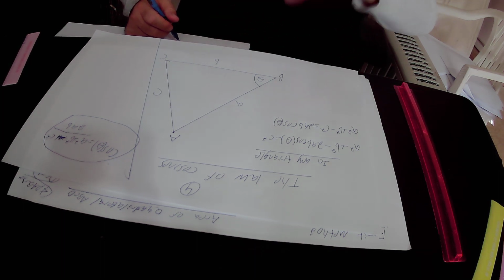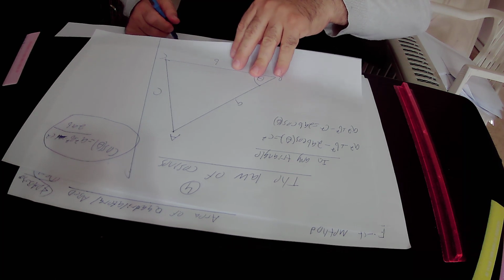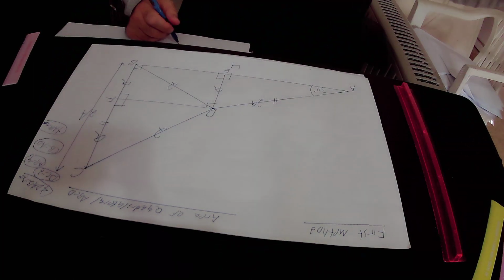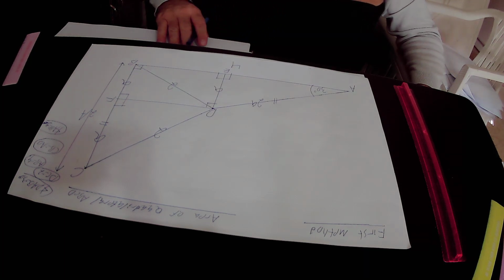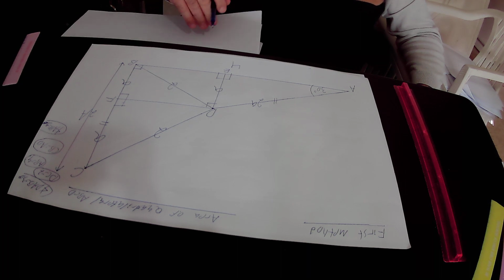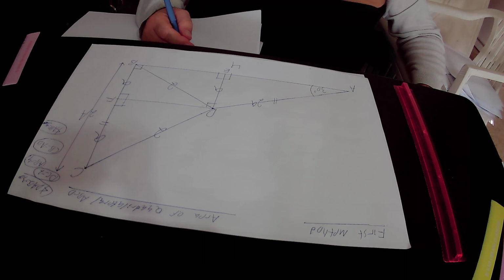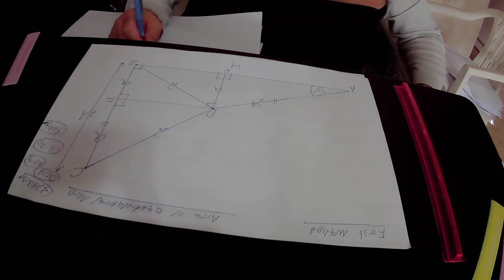We can actually implement the law of cosines in our triangle ADB. So we will copy triangle ADB to a new page and implement the law of cosines in this triangle.